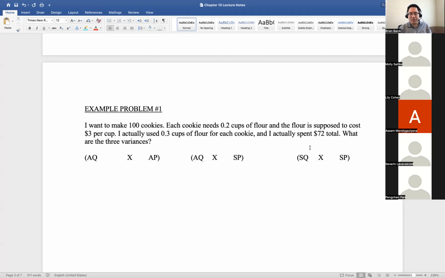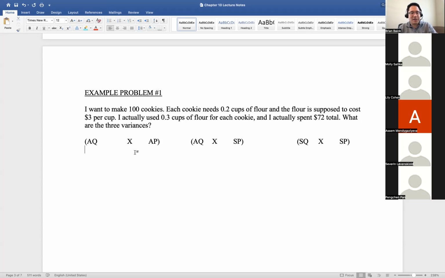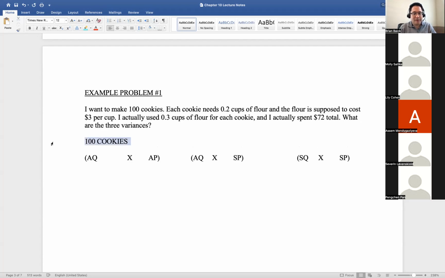Okay, so I'll let you figure out the answer to this question. I'll give you a few minutes to do it. So I want to make 100 cookies. I'm making 100 cookies. See what you can figure out.